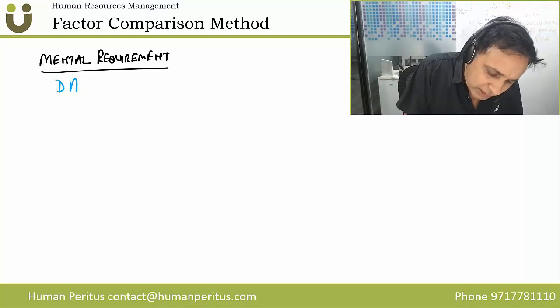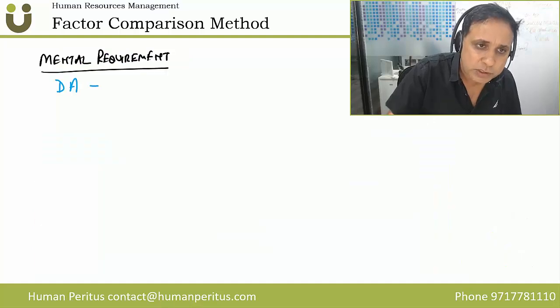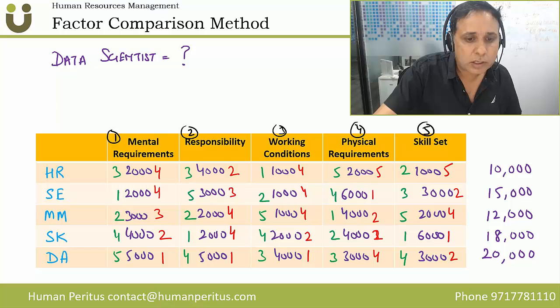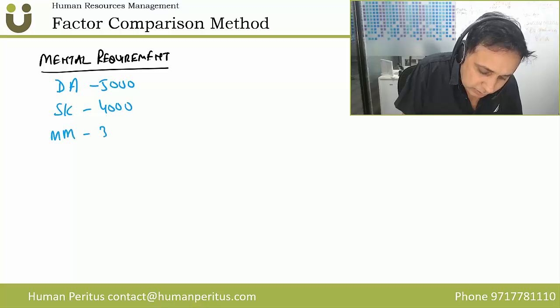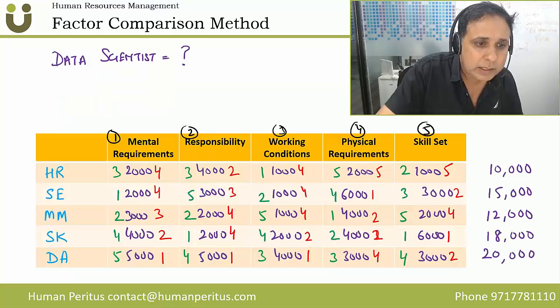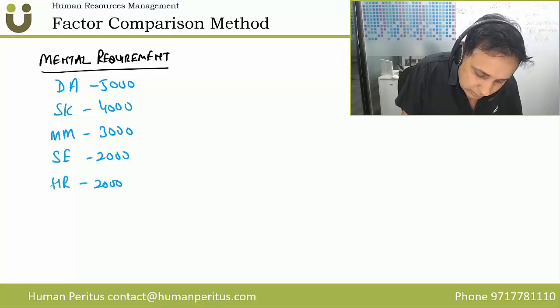For data analyst, I am rank 1, and for data analyst my money is 5,000 rupees. Then storekeeper 4,000, marketing manager 3,000, and then software engineer 2,000 and HR 2,000.